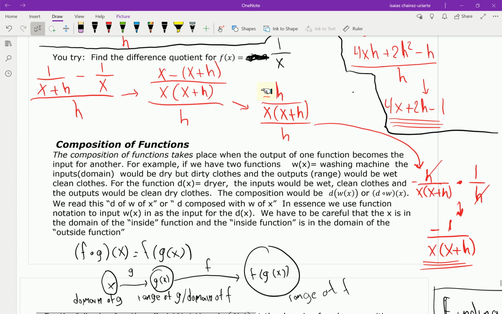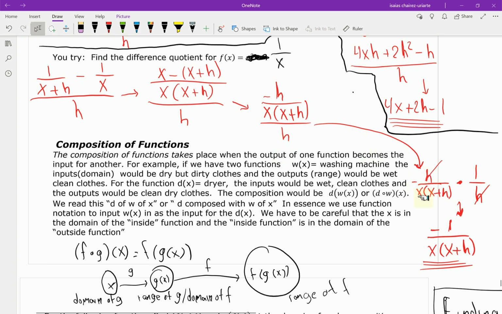All right, now how do I make sense of this ugly compound fraction? Well, think about it. It just means the top fraction, negative h over x times x plus h, divided by h. That's the same thing as saying the top fraction times the reciprocal of this denominator.